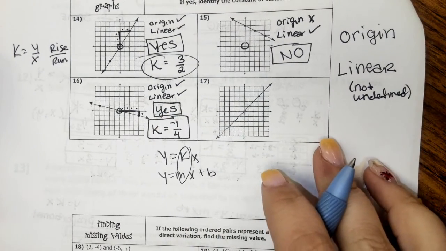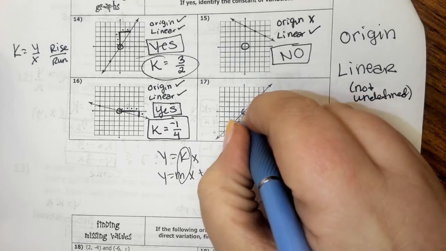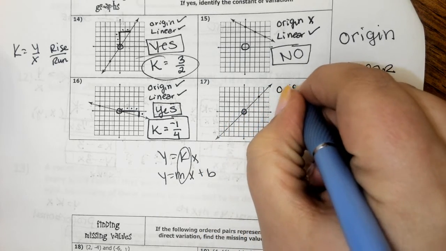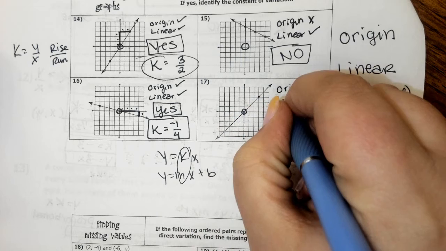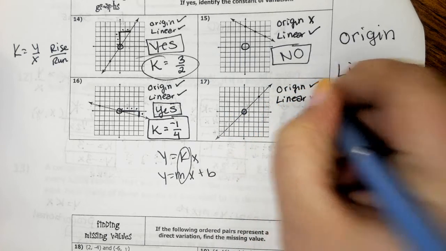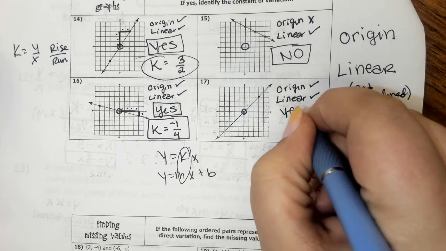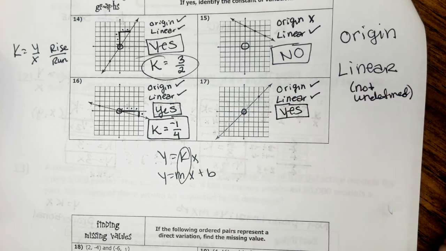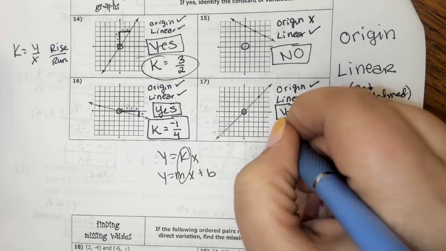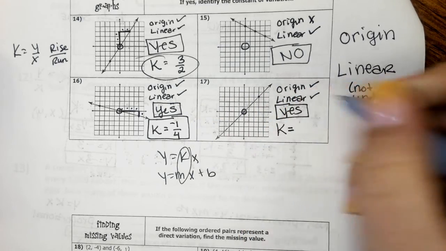Looking at number 17, this line does go through the origin, and it is linear, it's straight, but not undefined. So yes, this does show us direct variation. Yes, this is proportional. And k would tell us to find the slope.